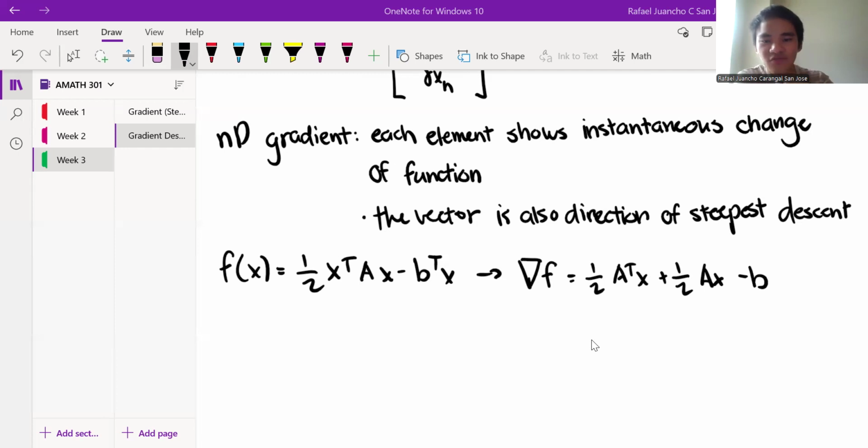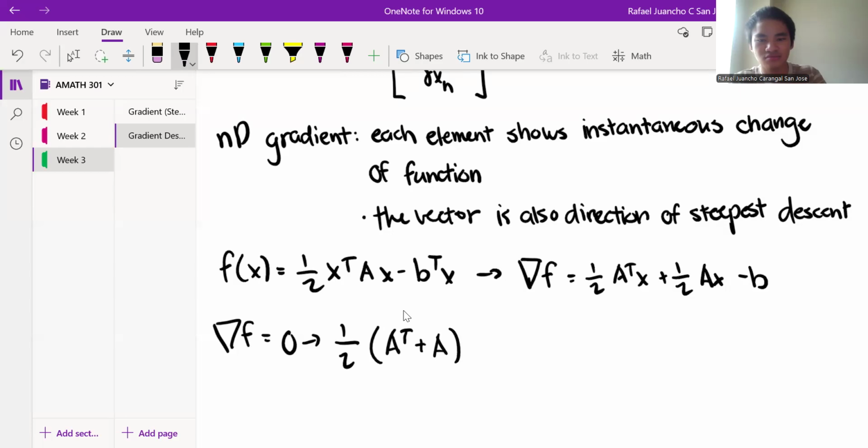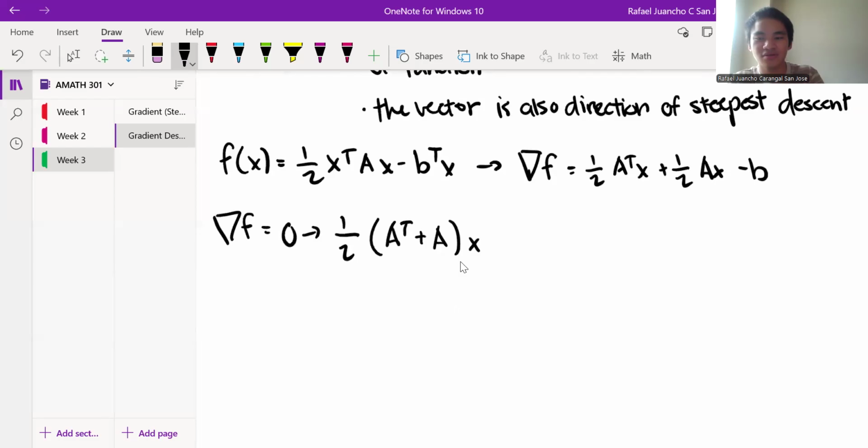And we're saying that if my gradient is 0, then here I can factor out my x, as well as my 1/2. I can factor both of them out. Well, this is just equal to b.